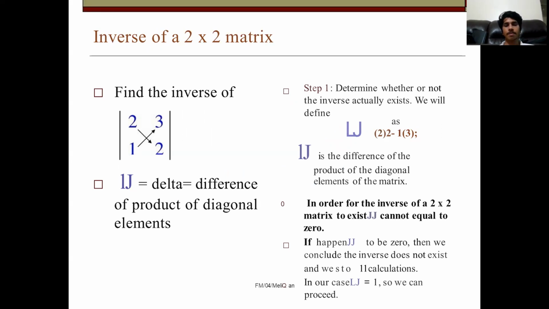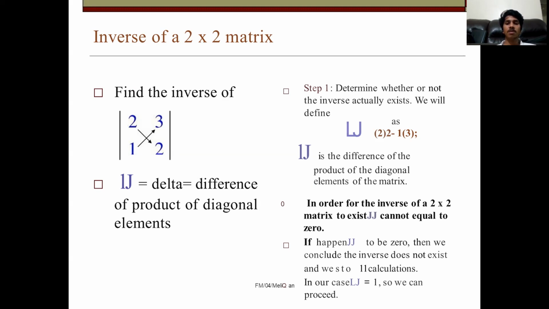Step 1. Determine whether or not the inverse actually exists. We will define delta as 2 times 2 minus 1 times 3. Delta is the difference of the products of the diagonal elements of the matrix.